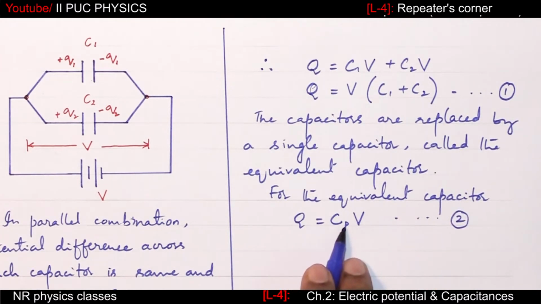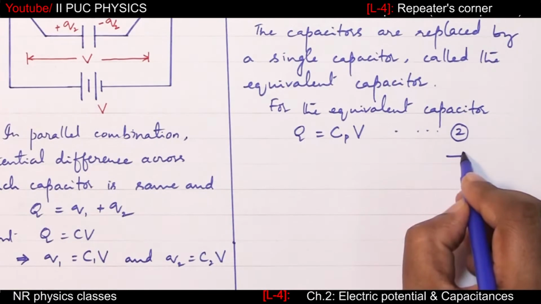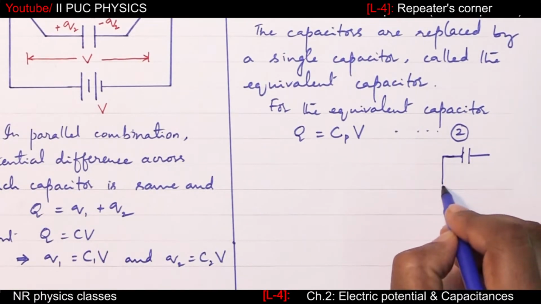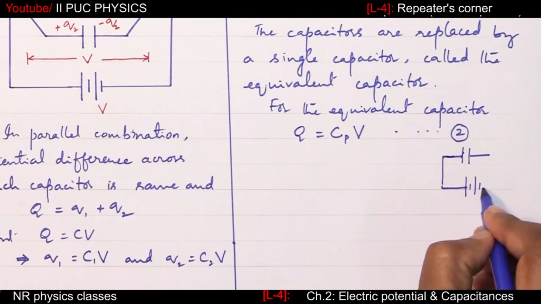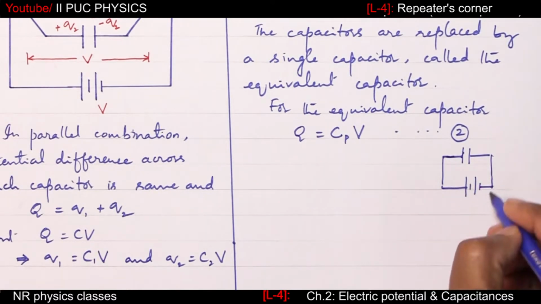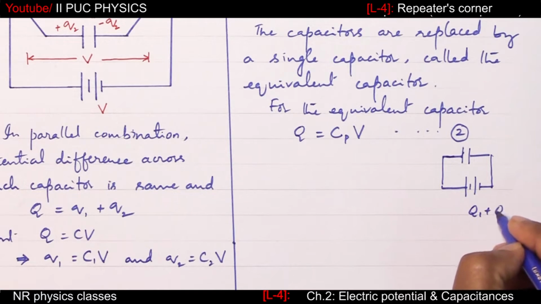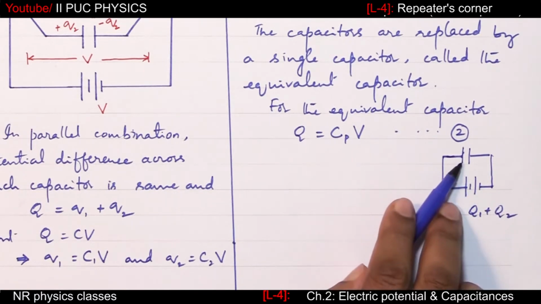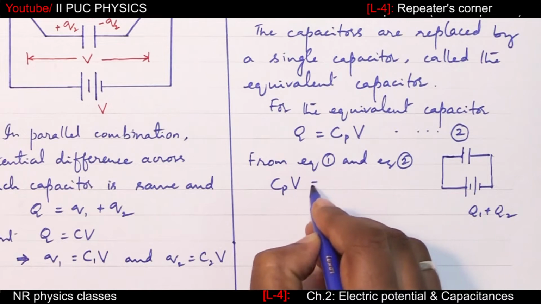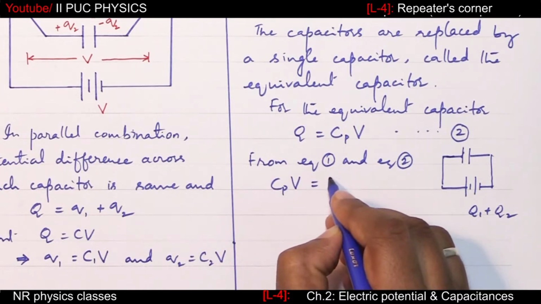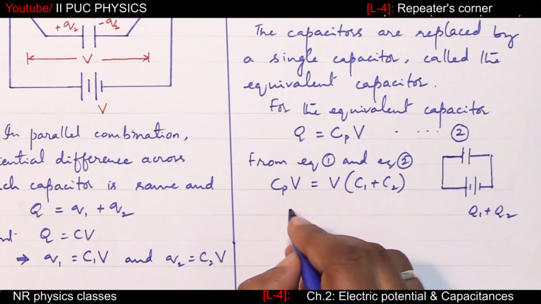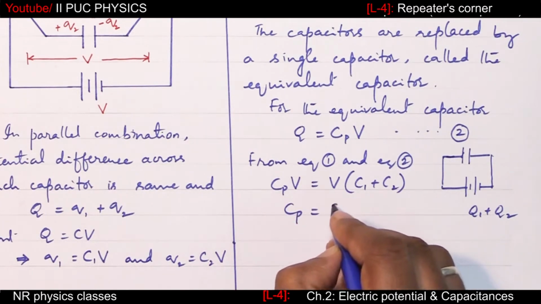Cp is parallel combination. So if this is the equivalent capacitor, single capacitor, which when connected across the same battery should store same charge. That same charge is Q1 plus Q2. Okay. So from 1 and 2, CPV equal to V into C1 plus C2, or CP equal to C1 plus C2.